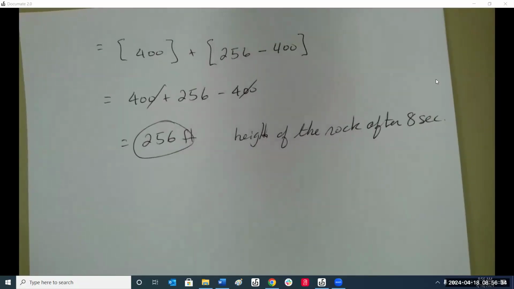The height of the rock after 8 seconds. And part B is, what's the total distance traveled?